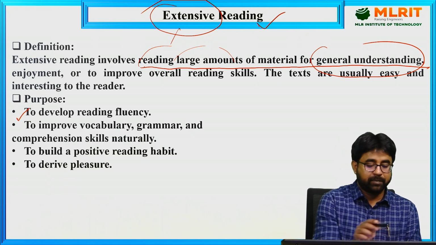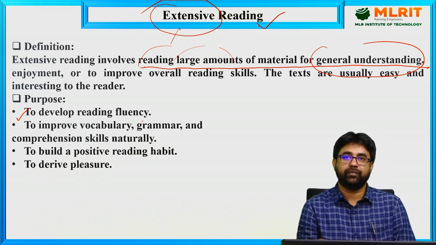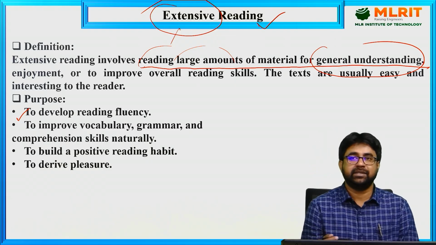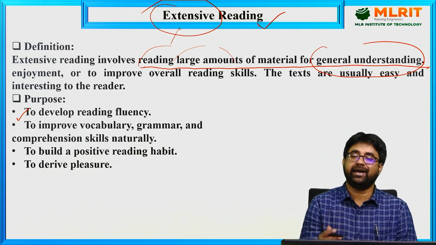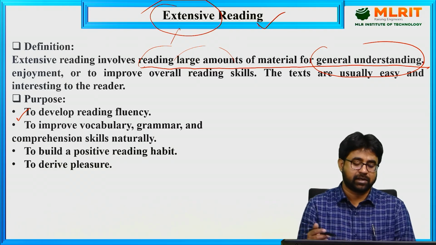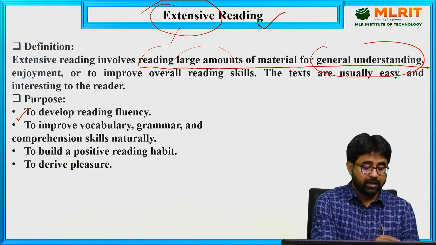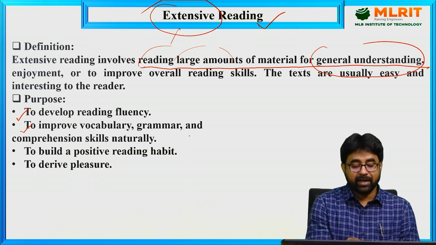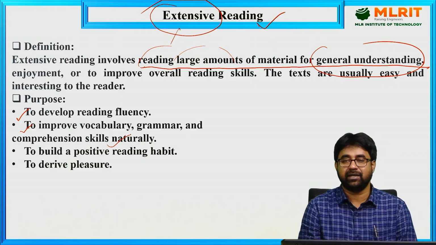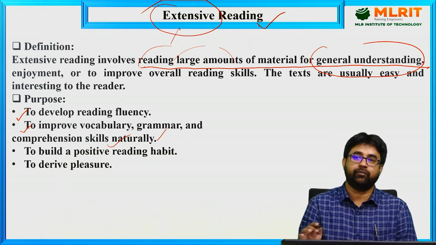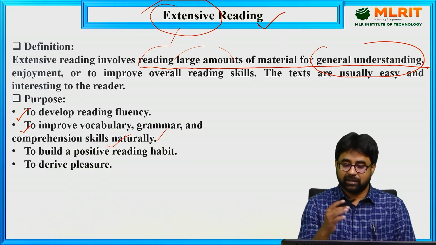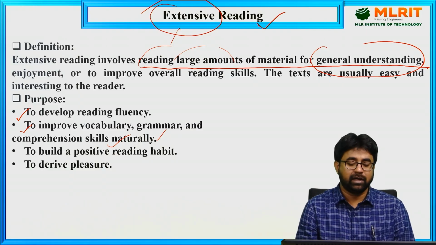Fine. So purpose, you can see, to develop reading fluency. If you do extensive reading, what happens? It helps you to enhance your reading fluency. Because of your regular practice, your fluency will be improved. To improve vocabulary, grammar and comprehension skills naturally. Though we don't pay attention, if we do extensive reading very frequently, very regularly, what will happen?